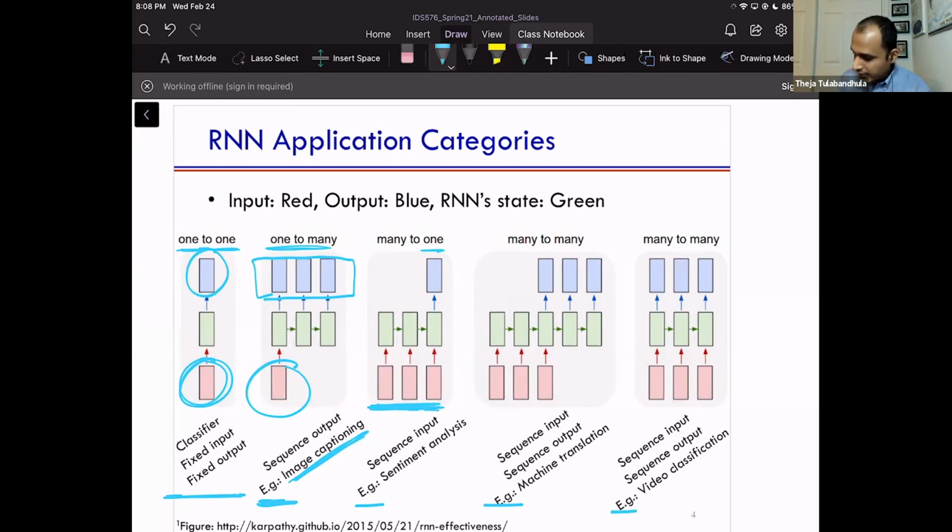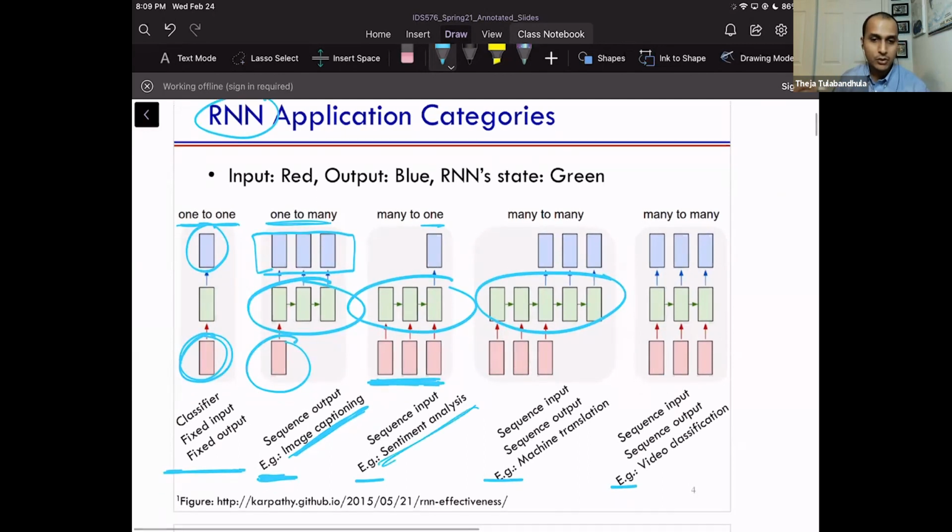But in this diagram, you'll see that there's a particular way in which I've drawn arrows, and these arrows correspond to the way RNN works. I'm going to talk about RNN in the next slide. But this is an example. Doing sentiment classification is an example where you might want to exploit sequential information.